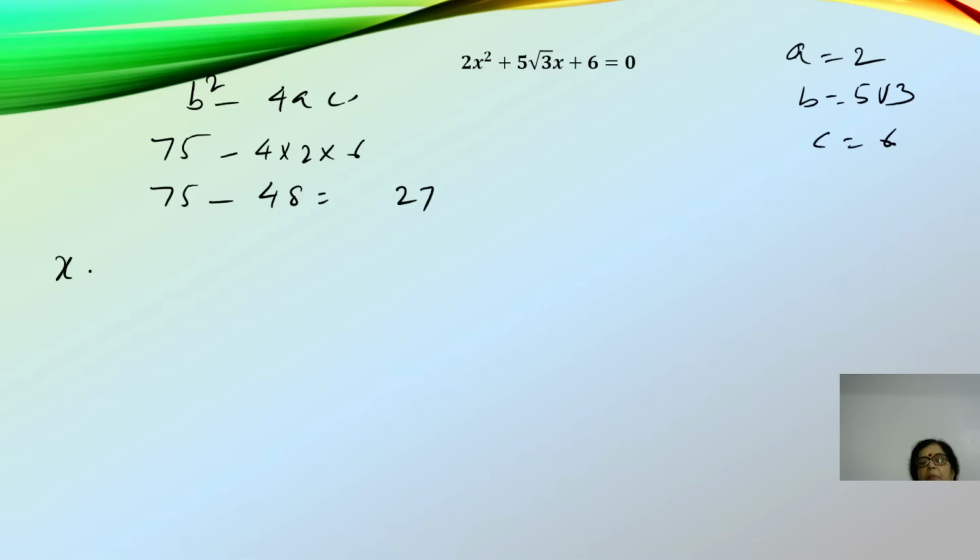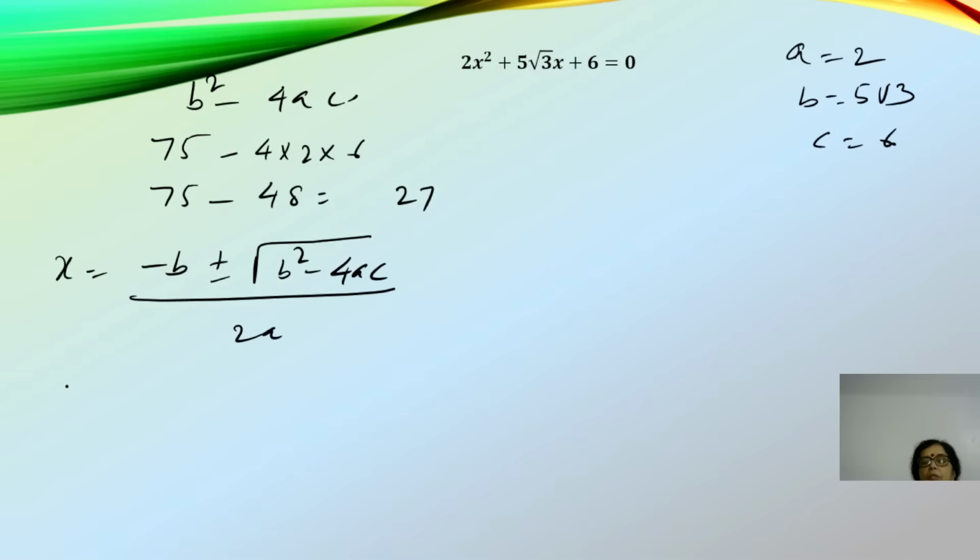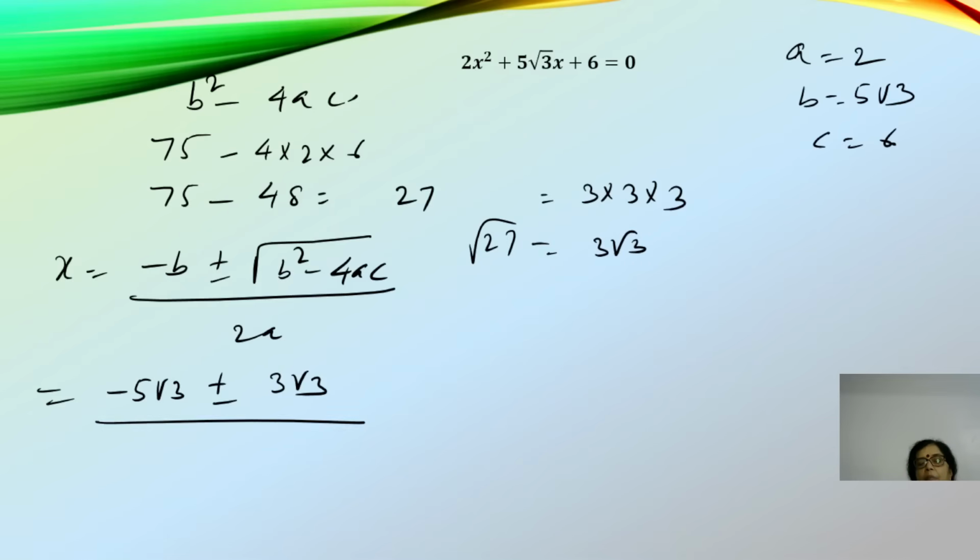Now coming back to the solution, minus b plus minus square root of b squared minus 4ac by 2a. So minus b is minus 5 root 3 plus minus, now 27 can be written as 3 into 3 into 3. If we take the square root of 27, this will be 3 root 3. So this can be written over here as 3 root 3 by 2 into 2, that is 4.